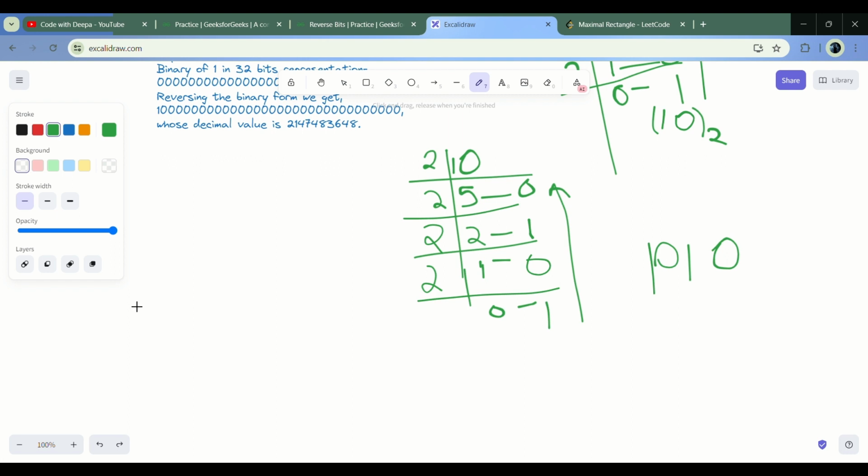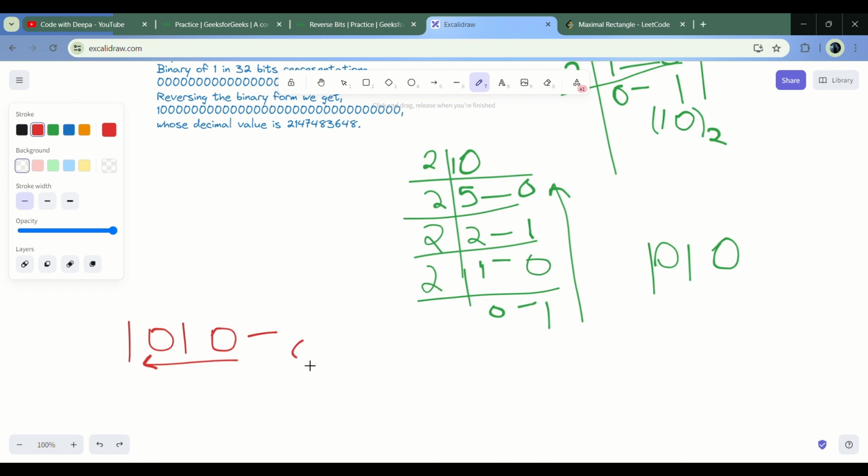Now if we have to convert a binary number back into a decimal number, let me say this is my binary number. What I have to do is multiply the digits, starting from the right-hand side, by increasing powers of 2.